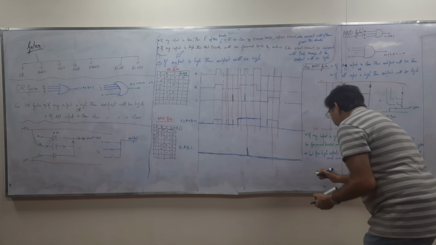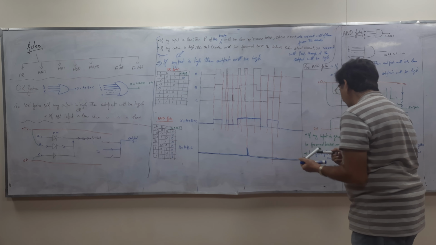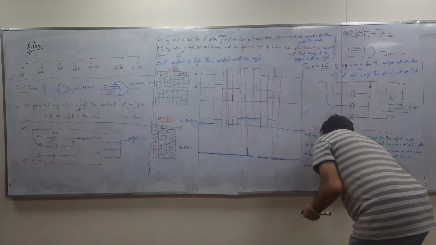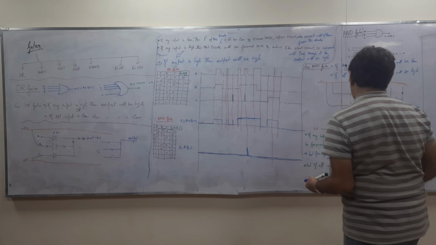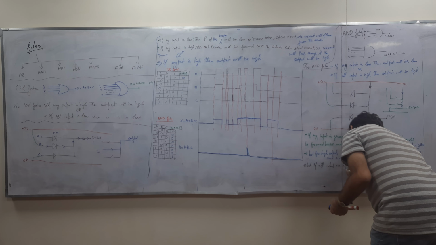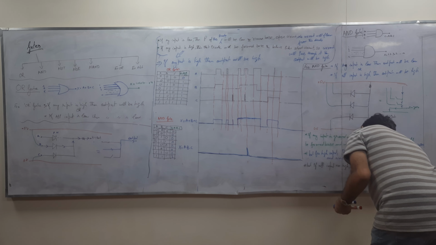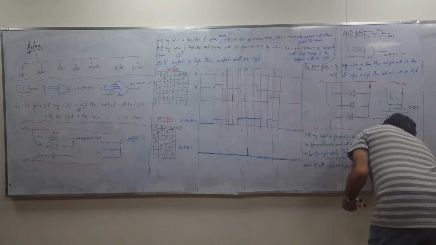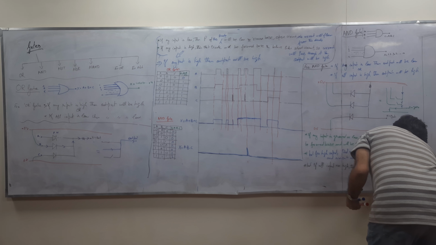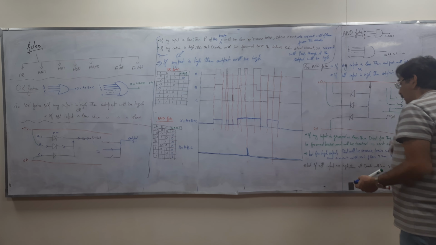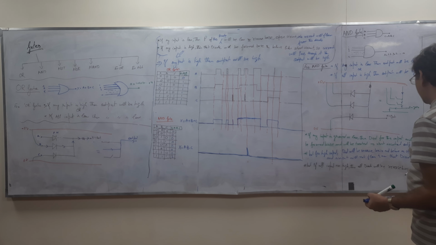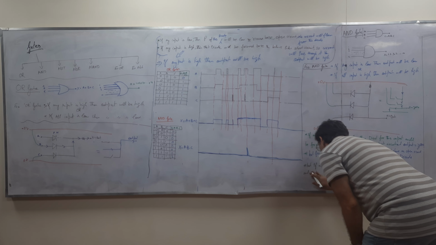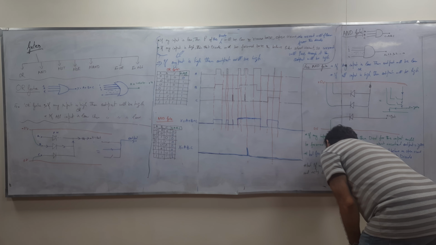But if all inputs are high, then all diodes will be reverse bias and act like open.